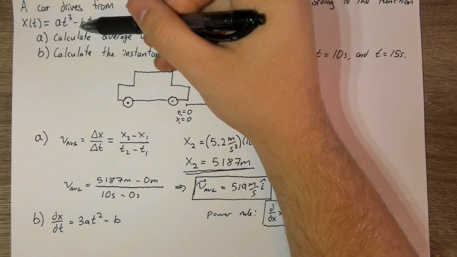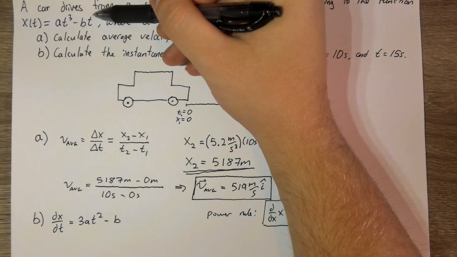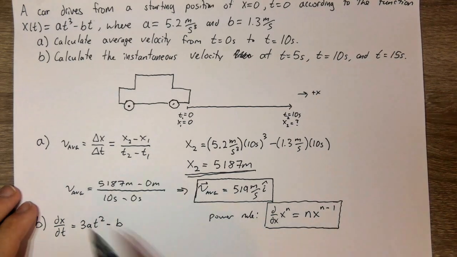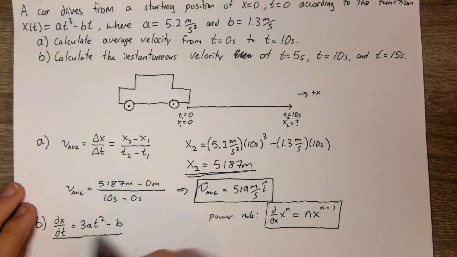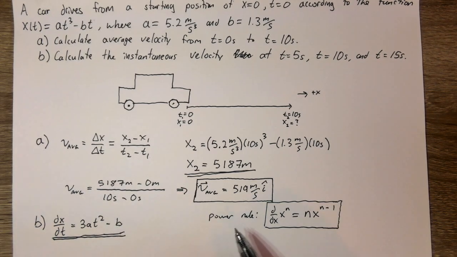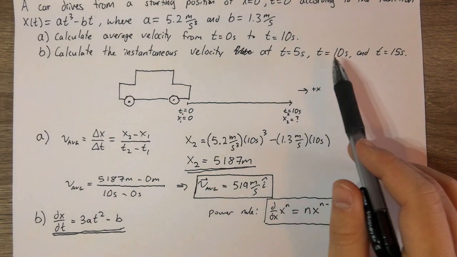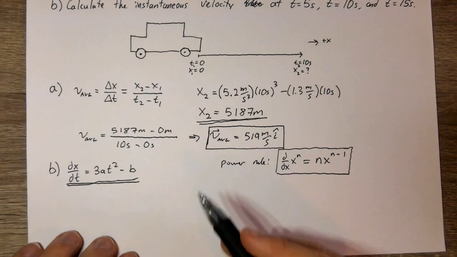You're pulling the 1 down, which is just b, and then 1 minus 1 is 0, and so you have no variable anymore. So this is our derivative equation. And now it's simple. We just plug in our values of t here.